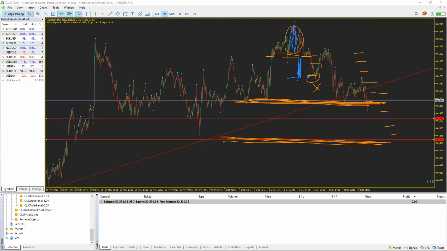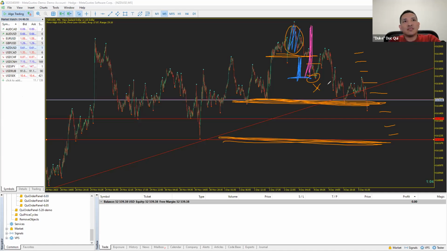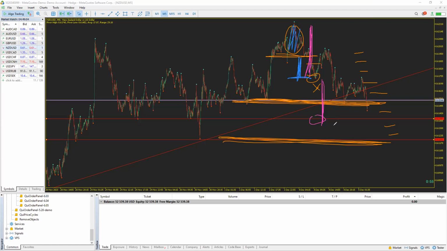It mirrored. This is the fractal concept. Okay. Then look what else happened. This move would become the new 50%, and see how it's at the same level that could bounce.